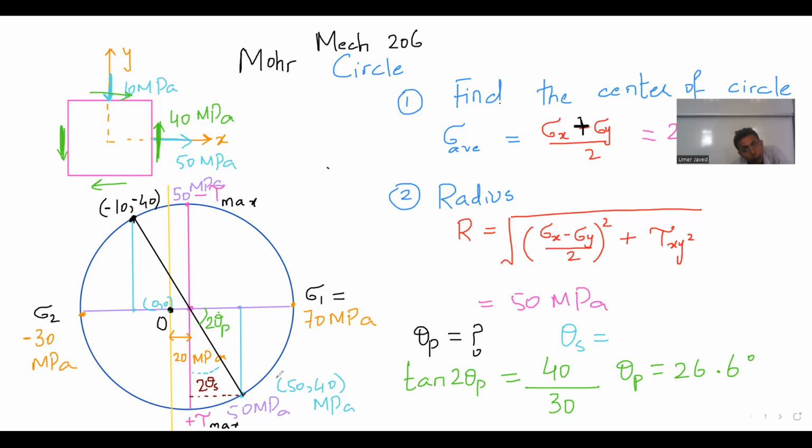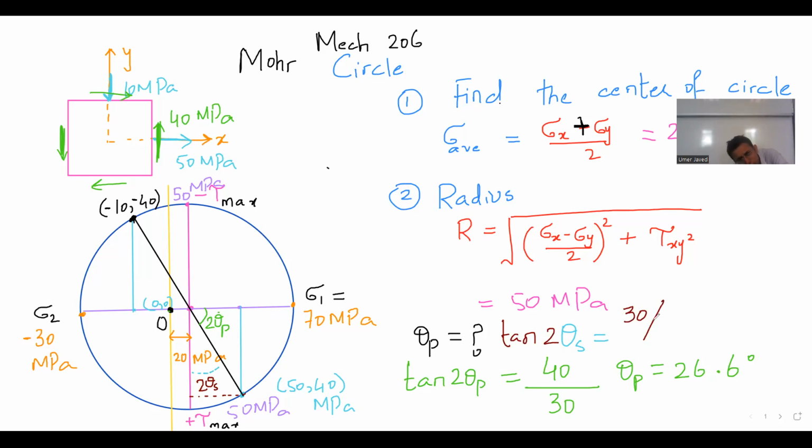So it will be perpendicular over base. So what is my perpendicular? What is this distance? It is 30, right? And similarly, what is this distance? 40. So I will have perpendicular over base.